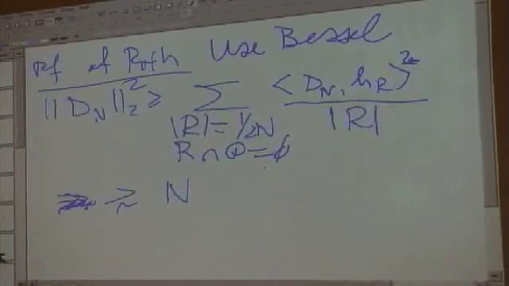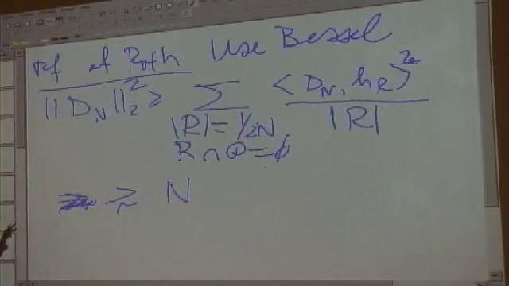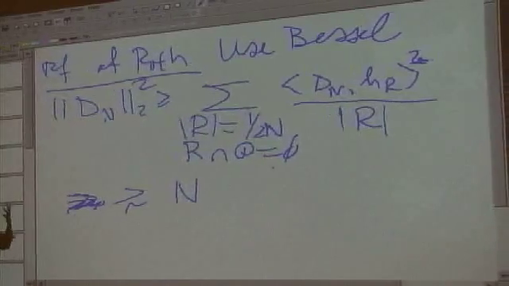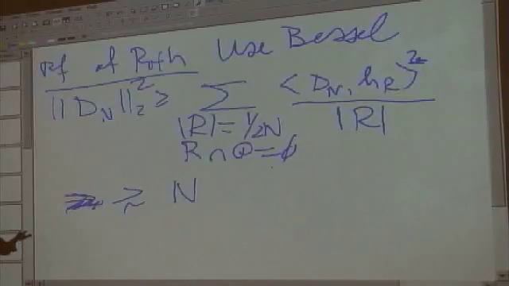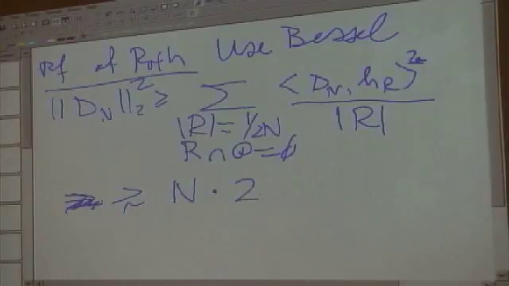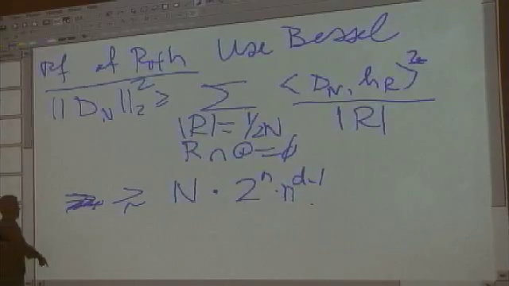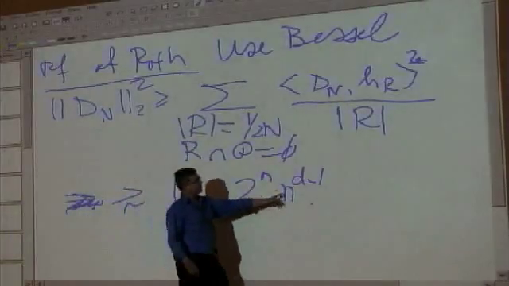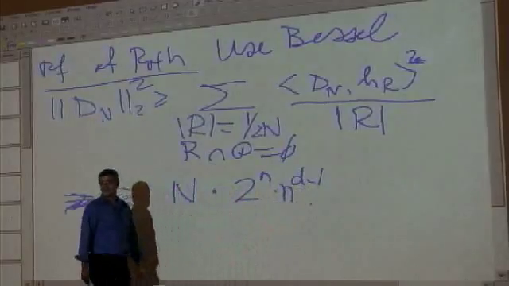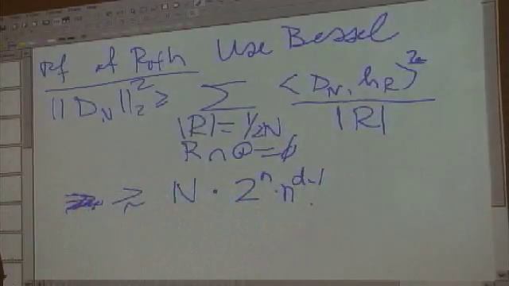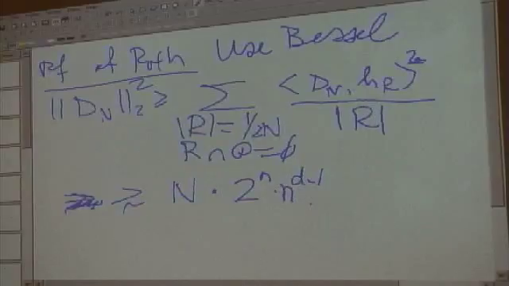Well, how many such rectangles are there? Again, because of the way you choose the volume of the rectangles, basically half the rectangles satisfy this condition. So I need to account for the number of rectangles, which is 2 to the n times n to the d minus 1. Well, n to the d minus 1 is the term I want to keep. That will prove Roth's theorem.